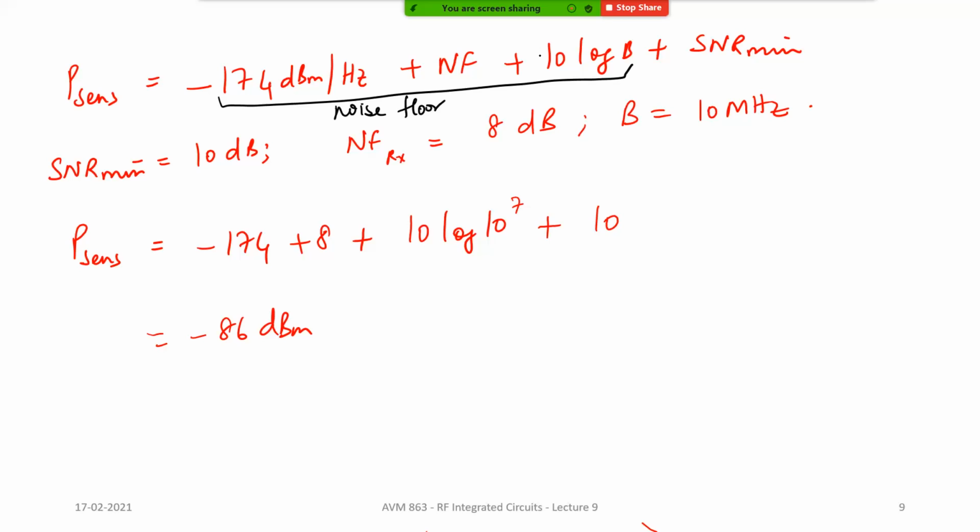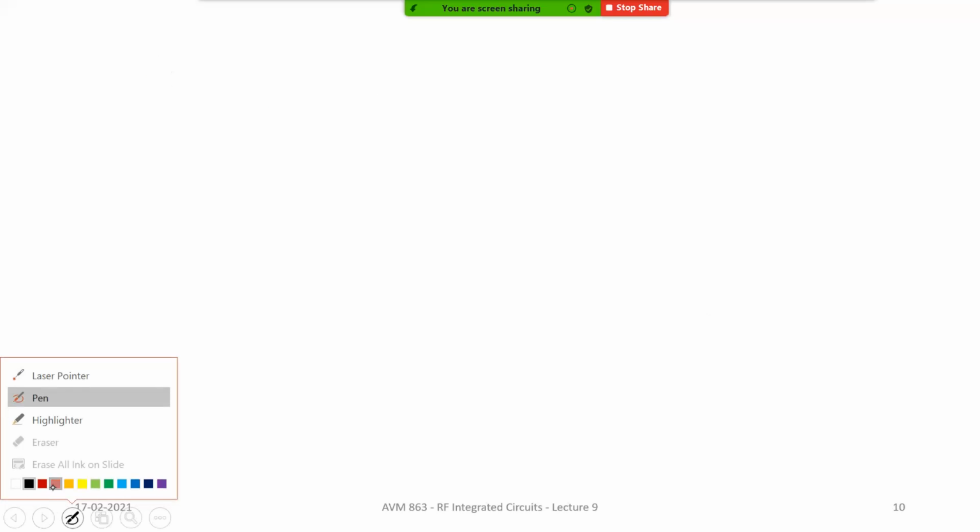All right. Now let's move to the next topic for today, with which I will try to wind up, and that is also very closely related to it, which is called dynamic range. Now we looked at sensitivity. What is dynamic range?